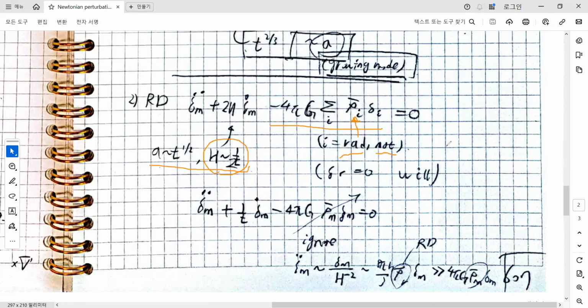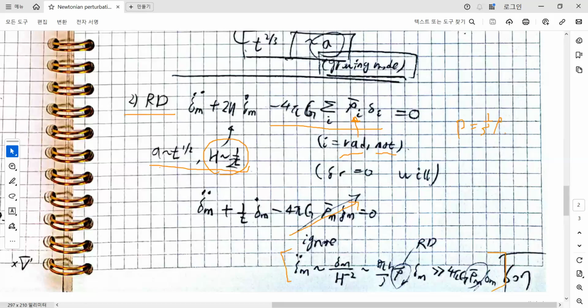Also the pressure is given by one over three rho, so the speed of sound can be changed here, and because the matter component can be ignored, this term is negligibly small since it is a radiation-dominant case.